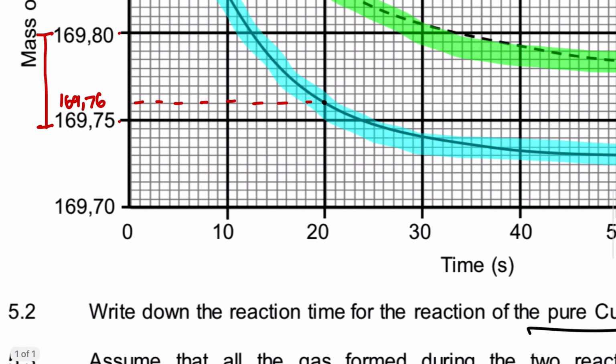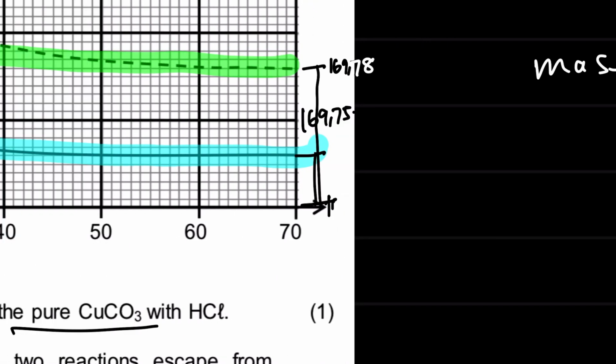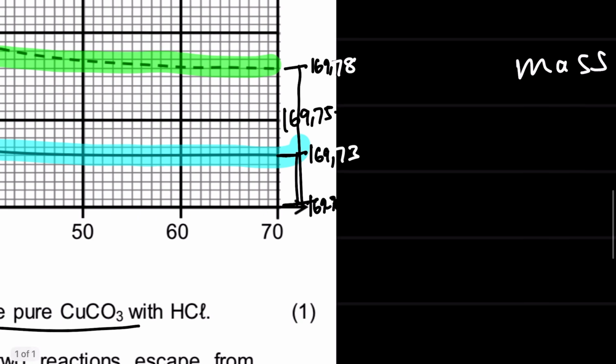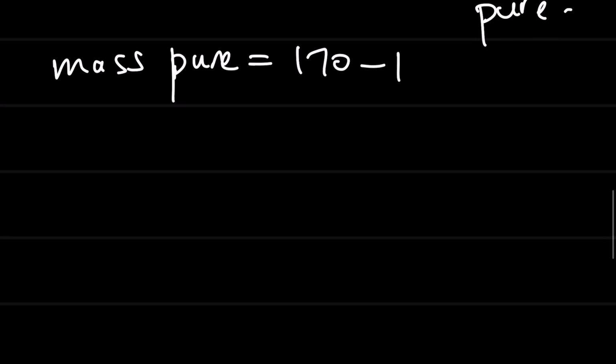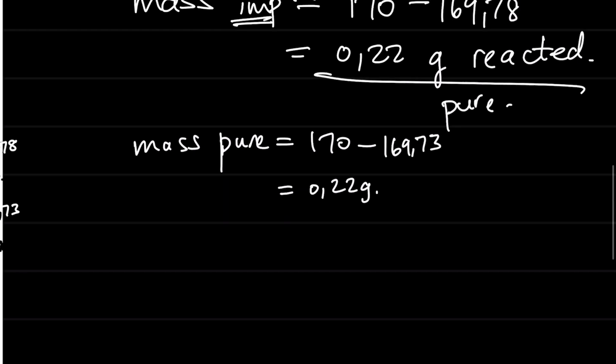If we look at the start, 169.70 is here. Then this point right here is going to be 169.73, and so we can subtract this.